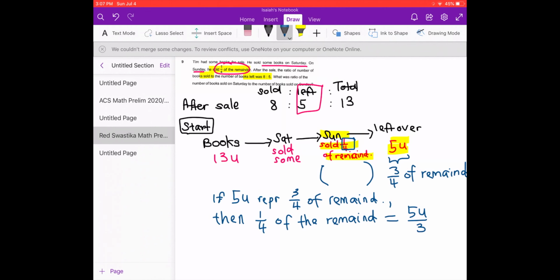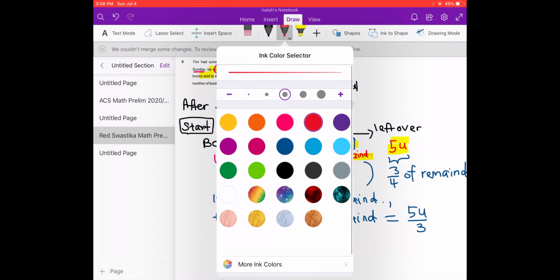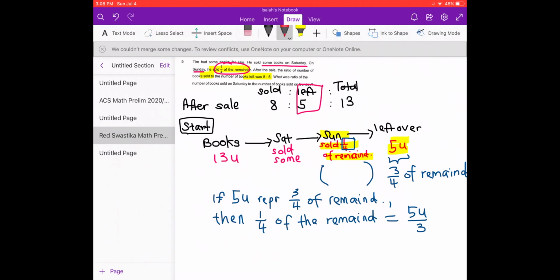That will give you 5u over 3. So we want to fill in the number right now. What is 1/4 of the remainder? 1/4 of the remainder here is actually 5u over 3. So we put that in now. Now let us go on.